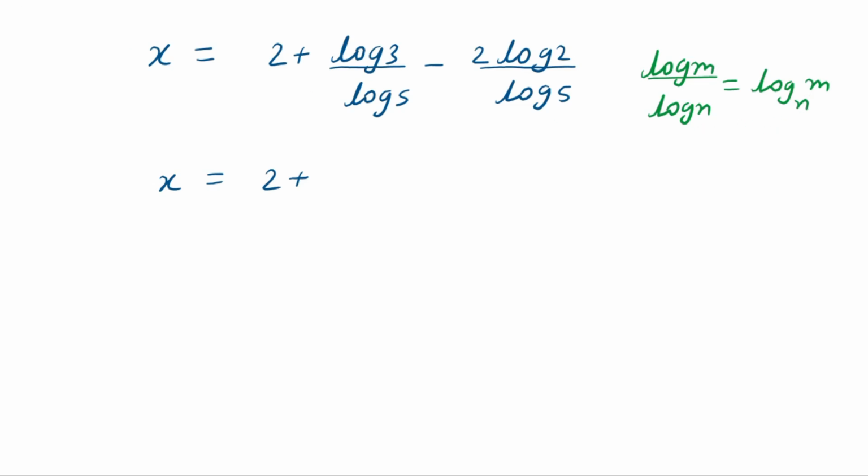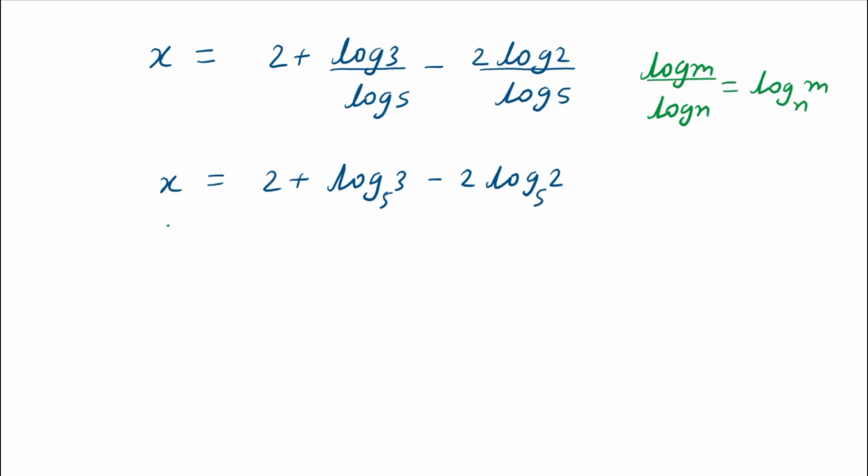According to this rule, we can write this expression as log 3 with base 5 minus 2 times, and applying the same rule, log 2 with base 5. So our value of x is 2 plus log 3 with base 5 minus 2 times log 2 with base 5. Let's check whether our value of x is correct or not.